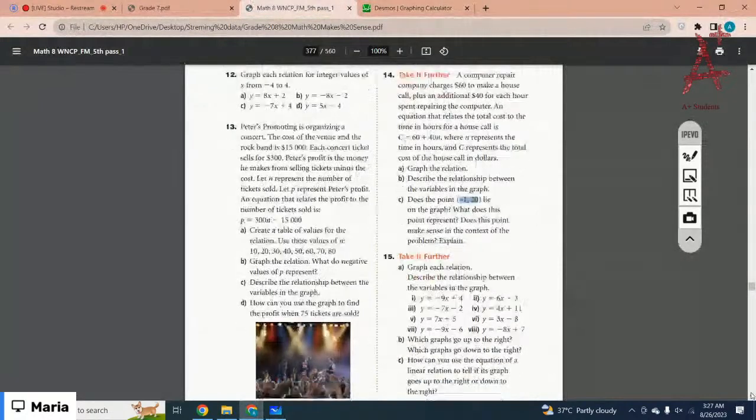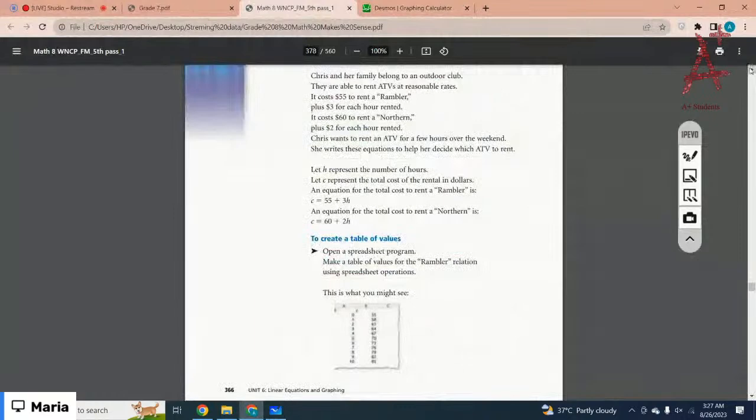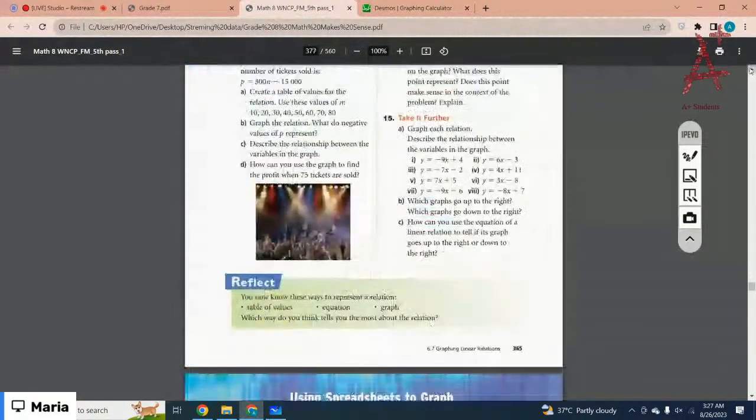Let's just do question number 15. Graph each relation. Describe the relationship between the variables in the graph.